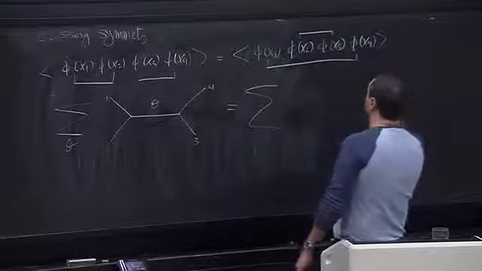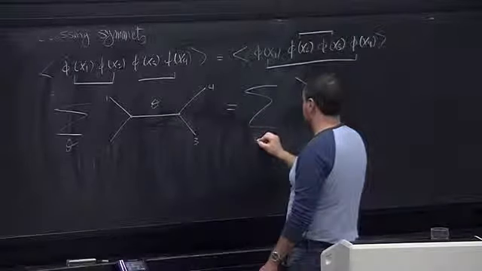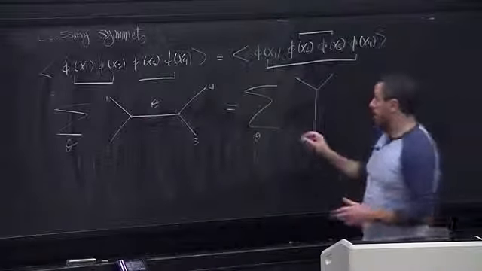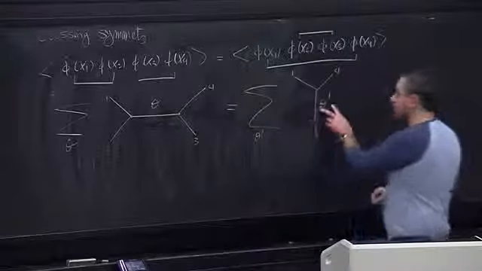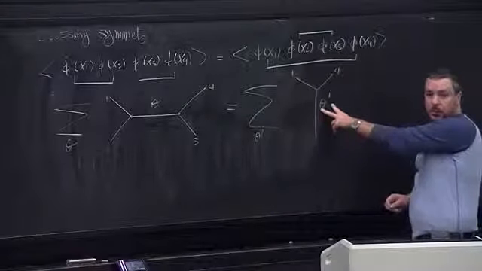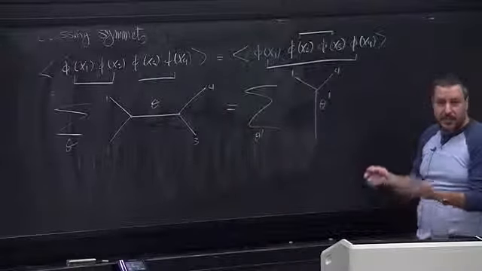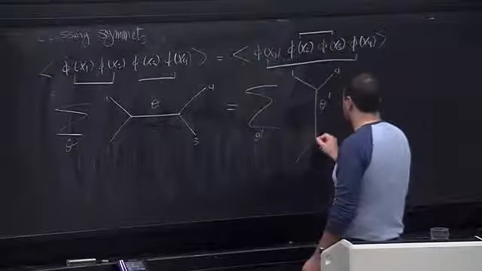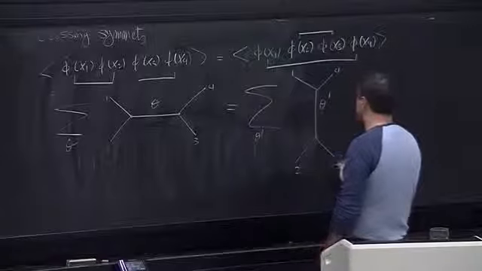This should equal the other channel. In general, imagine that 1, 2, 3, 4 were different operators. Different representations could flow depending on the quantum numbers of 1, 2, 3, 4. If all of them are the same, of course, the states that can propagate in one channel and the other are the same. But if the quantum numbers are different, they need not be the same.